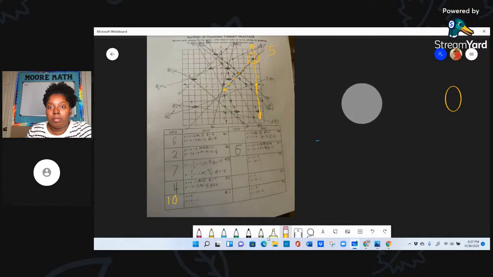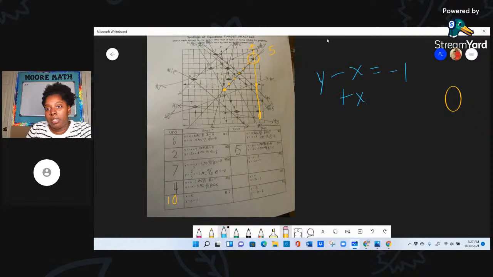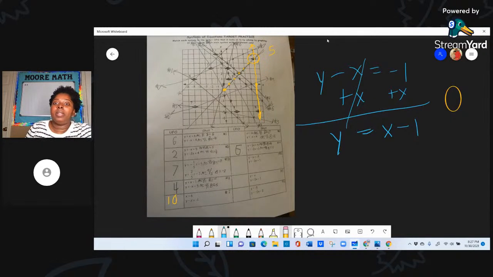Okay. Oh, let me put that back. So remember, we did y minus x equals -1, plus x on both sides, and we got y equals x minus 1. Okay, so I want you to try it for number 8.